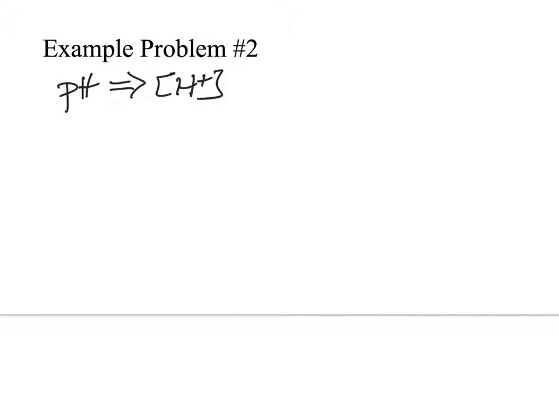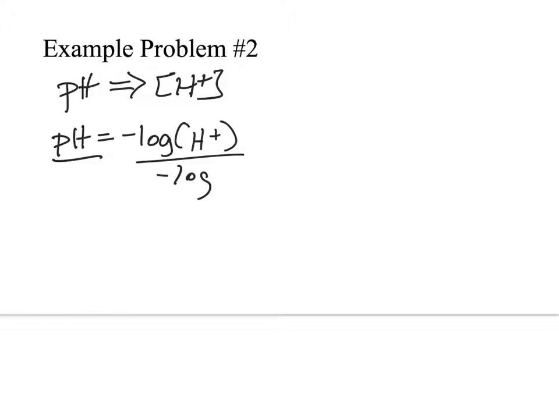So going back to our original formula, pH is equal to negative log of hydronium. And so to isolate for hydronium, you would divide both sides by negative log. When you do that, you rewrite it as 10 to the negative pH, or the inverse log, is equal to hydronium.